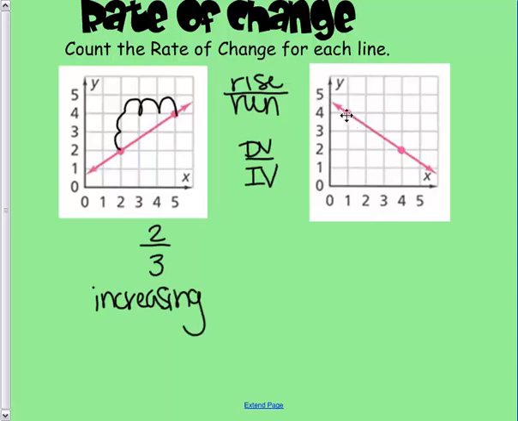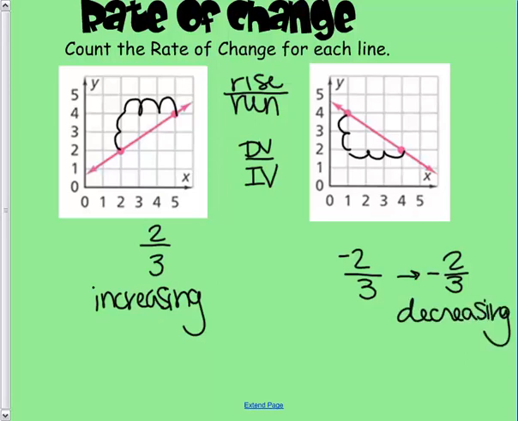If we look at this one, from this point to this point, I'm going down 1, 2, and I'm going over 1, 2, 3. So this one would be a negative 2/3 as my rate of change, which is decreasing. What if you looked at it from this point to this point?